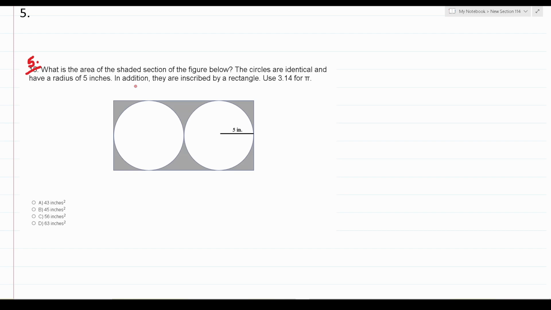So again, we're trying to figure out what the area of this shaded section below is. And it should be pretty obvious that to find the area of the shaded section, we're first going to find the area of our rectangle. And from that, we're going to subtract the area of one of these circles, which I'm going to call area of circle 1, as well as the area of our other circle, which I'm going to call area of circle 2.